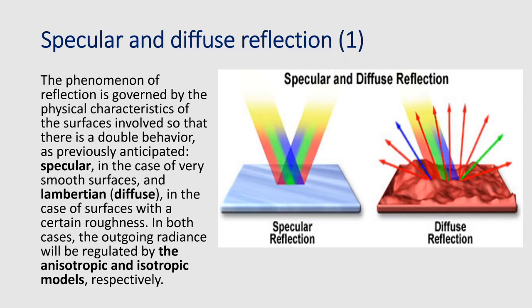That means that, as we mentioned before, this is a Lambertian surface. The reflection is independent of the incident angle. But from the spectral point of view, you see here we have red, green, and blue arrows.